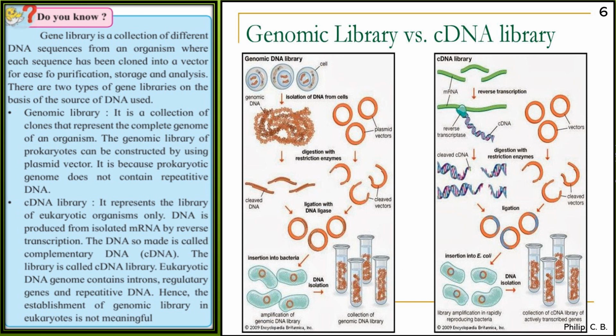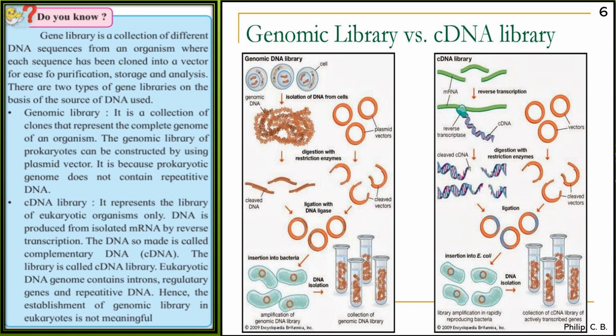The DNA so made is called complementary DNA, or cDNA, and the library is called cDNA library. Eukaryotic genome contains introns, regulatory genes and repetitive DNA. Hence the establishment of a genomic library in eukaryotes is not meaningful.